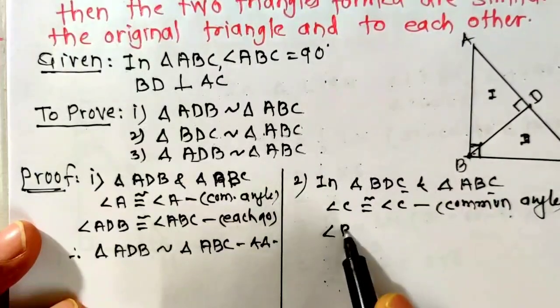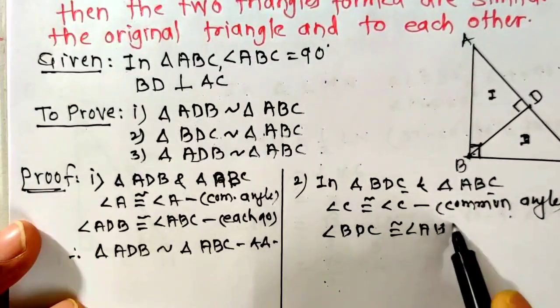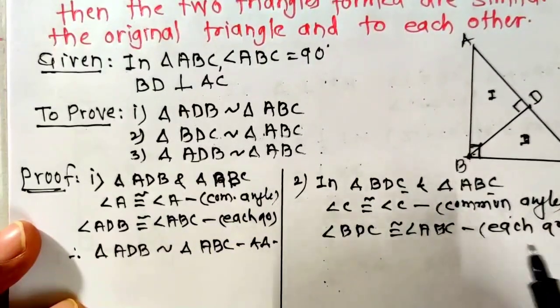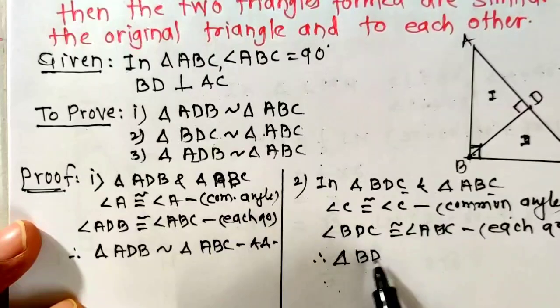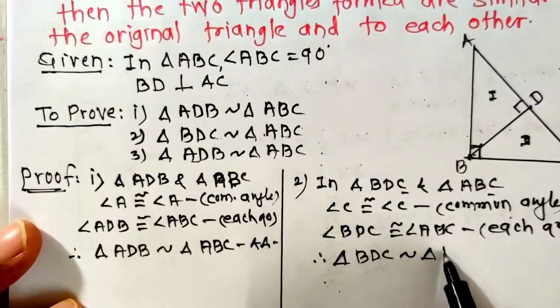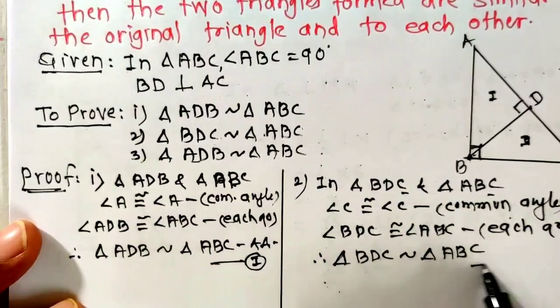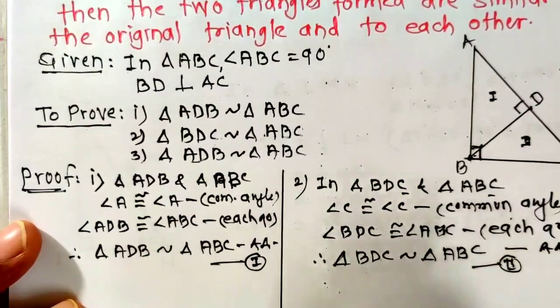And angle BDC is 90 degrees, and angle ABC is again 90 degrees, each 90, and therefore triangle BDC is similar to triangle ABC. This is our statement number 1 and this is our statement number 2, again by the AA test.